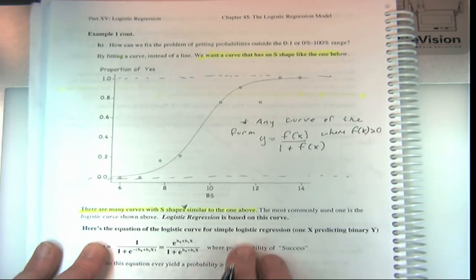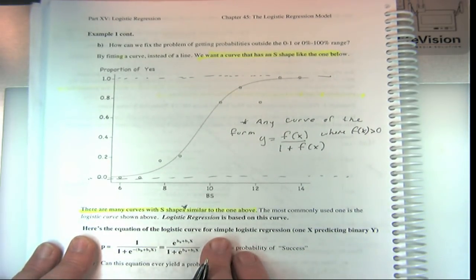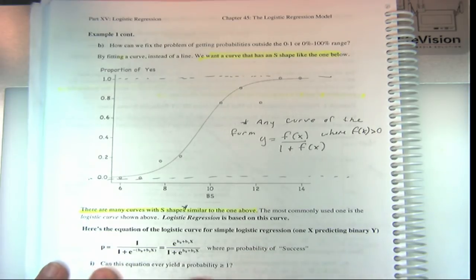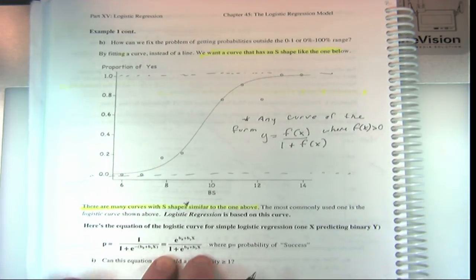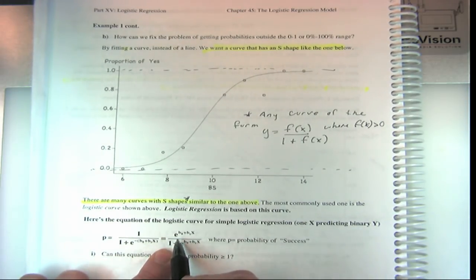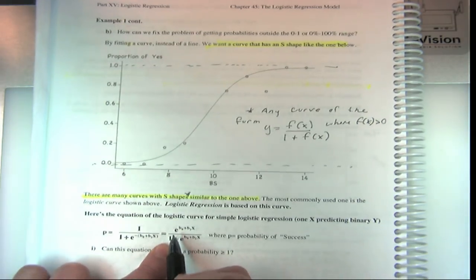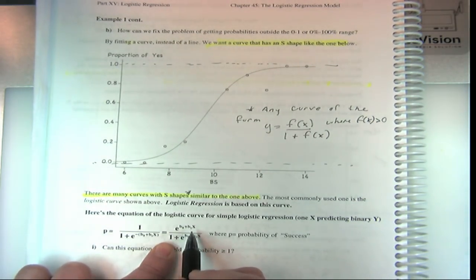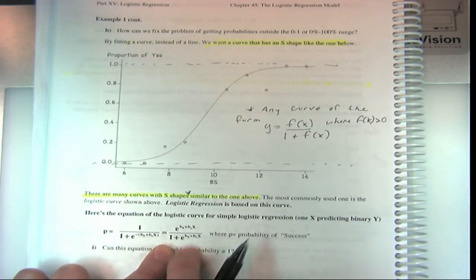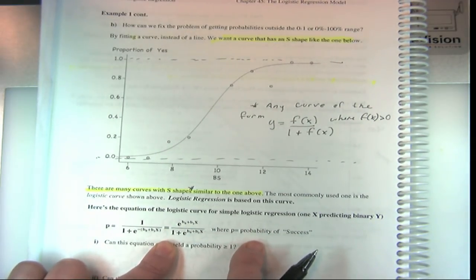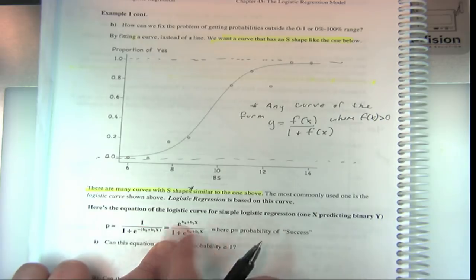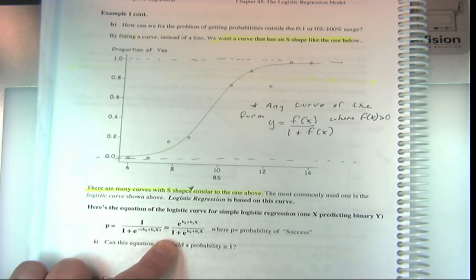But we pick the logistic regression curve, which is of that form, with f of x being this exponential function, e to the beta naught plus beta 1x for simple regression. Okay? Because it has some nice features. And we'll explain that in a minute.